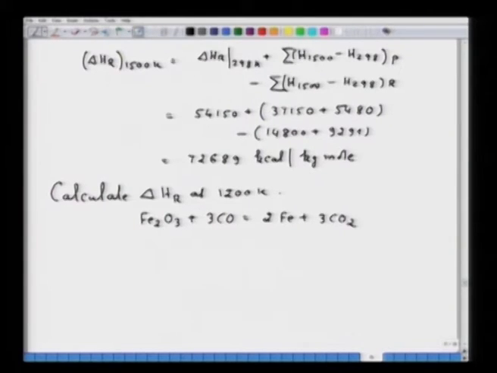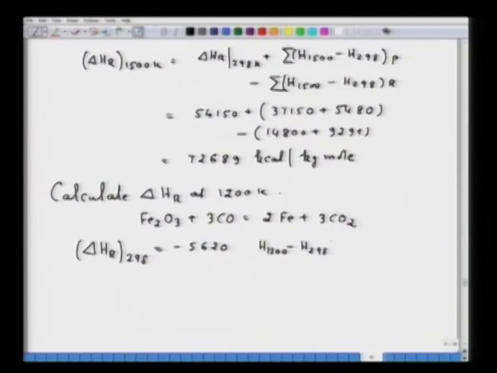In the earlier problem, we have calculated for this reaction delta H R at 298, that was minus 5620. So, I straight away put down the value of delta H R at 298 that we calculated in the earlier problem, minus 5620. Now, you need certain values. So, I have to give you certain values, say H 1200 minus H 298.